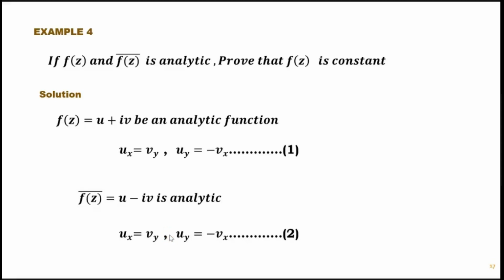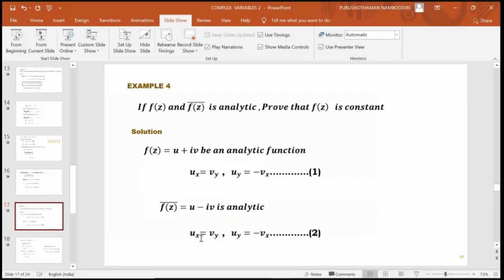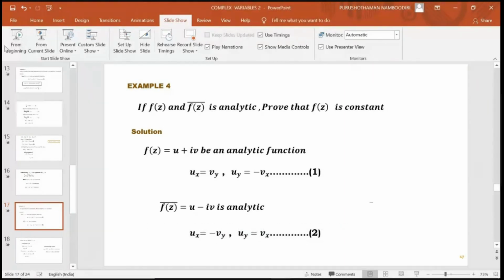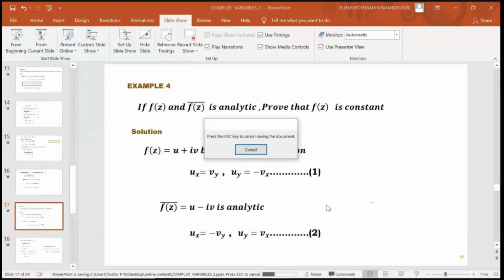One second, one second. What will that be? ux is equal to minus vy, correct? And uy is equal to vx. Okay, ux is equal to minus vy and uy is equal to vx, correct?